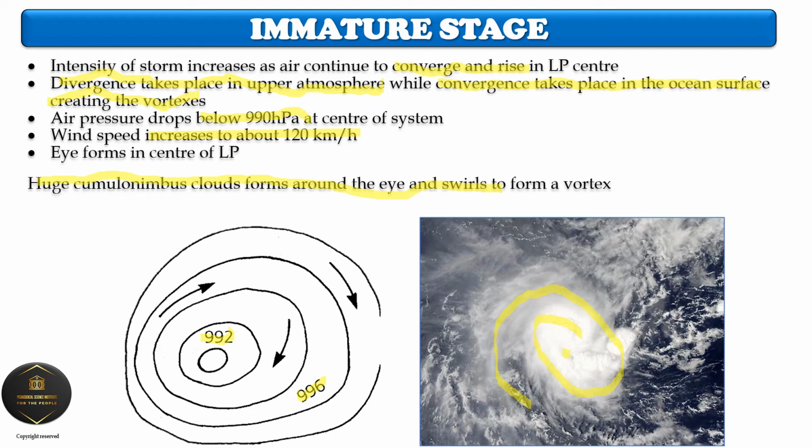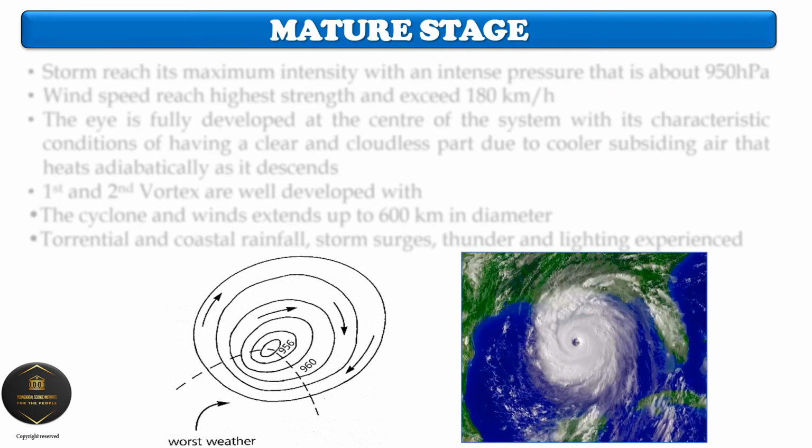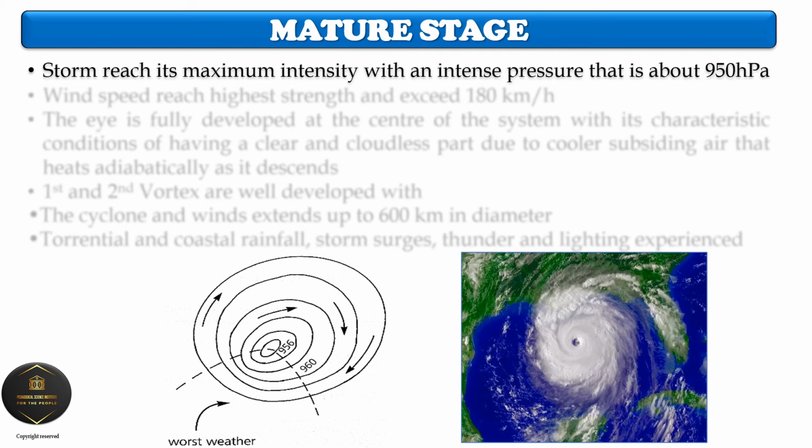And of course you'll expect that in the mature stage the storm will reach maximum intensity, right? And it means you have intense pressure that is about 950 hectopascals, and your wind speed will reach the highest strength, and they will exceed 180 kilometers per hour.